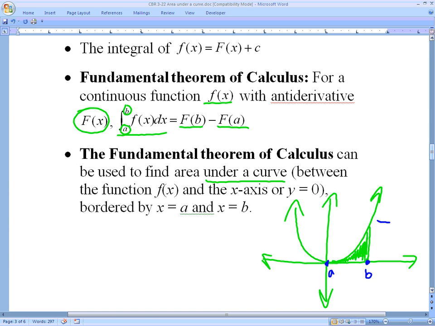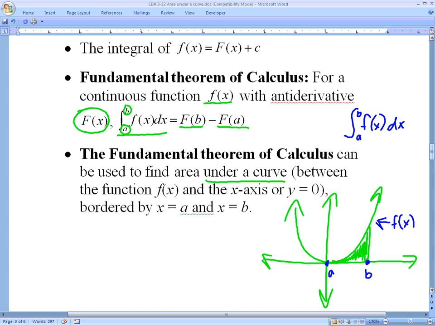This is my function right here. So I would do the integral of my function, we'll call it f of x, integral of f of x from a to b. And then again, we always write dx for with respect to x. And what does that mean?